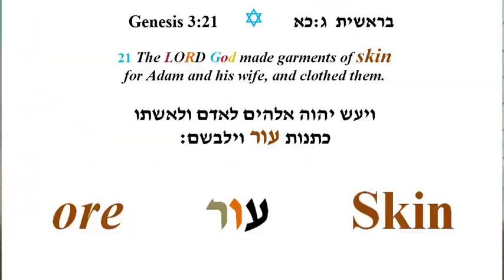But after they sinned and took a bite of the fruit, and this is after God passed out all of the curses to the snake and to the woman and to the ground, in Genesis 3:21, it says, "And Yahweh Elohim made garments of skin for Adam and his wife and clothed them." So after the curses, now they're clothed in skin. And this picture is they were clothed in light, now they're clothed in skin.